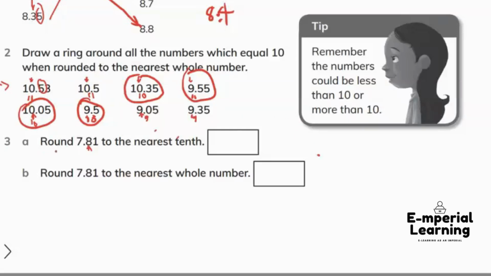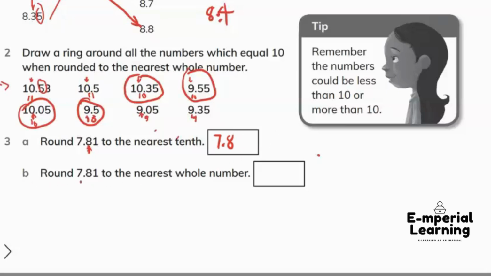Question 3a, round 7.81 to the nearest 10. So we look at the number in the tenths position, that's the 8, and then the number to the right of 8 is 1. 1 is a weak number, so it becomes a 0. So we have 7.8 or 7.80.